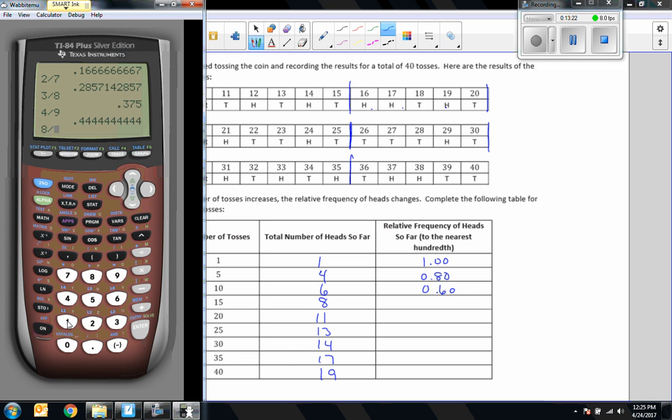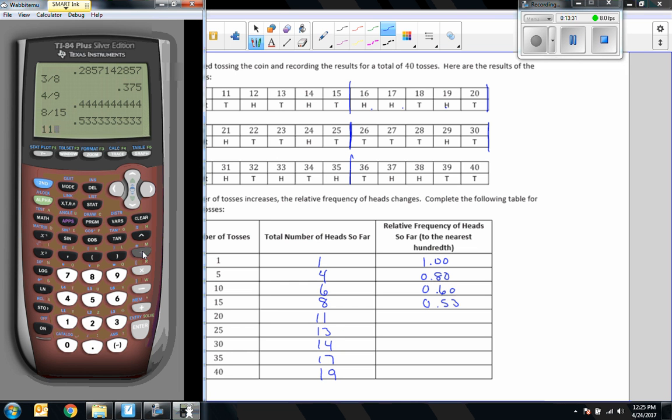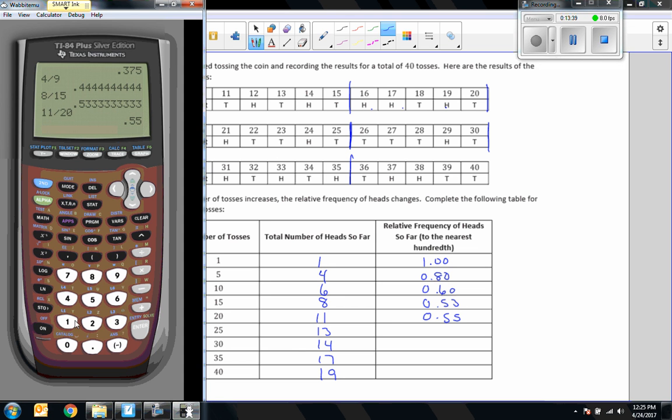8 divided by 15 equals 0.5333, 0.53. 11 out of 20 is 0.55. Then we do 13 divided by 25. That's 0.52.